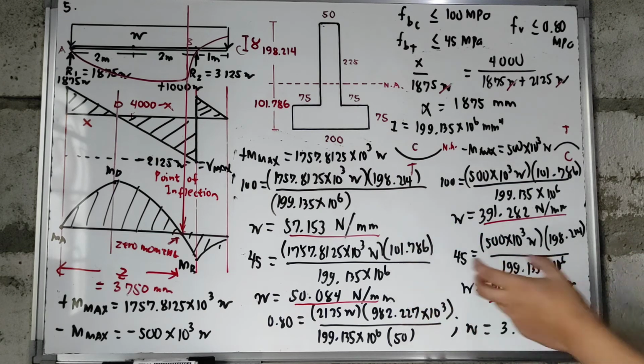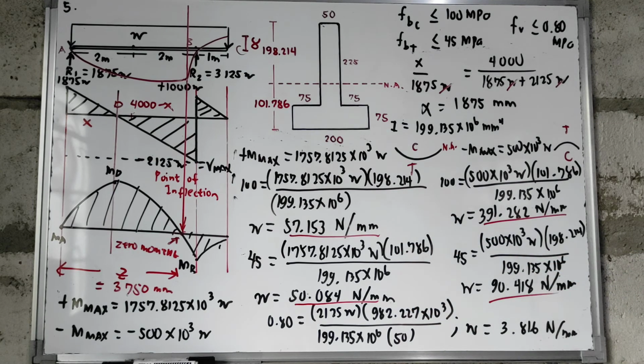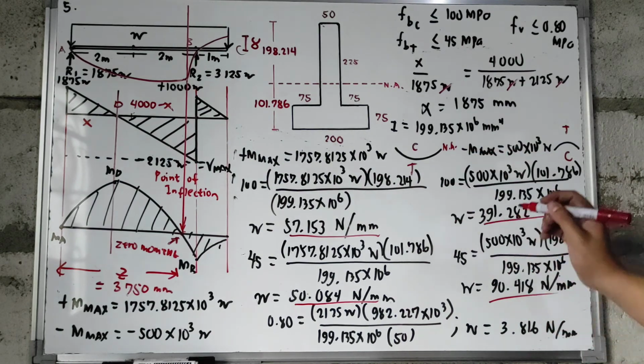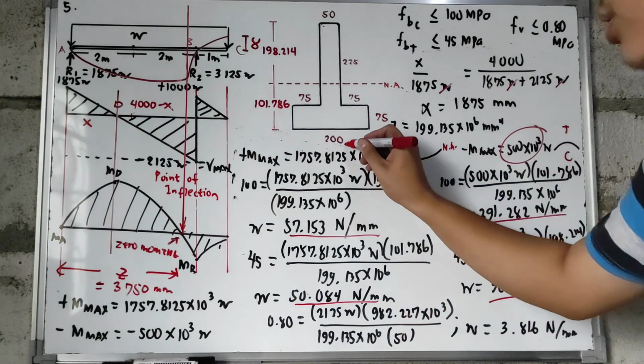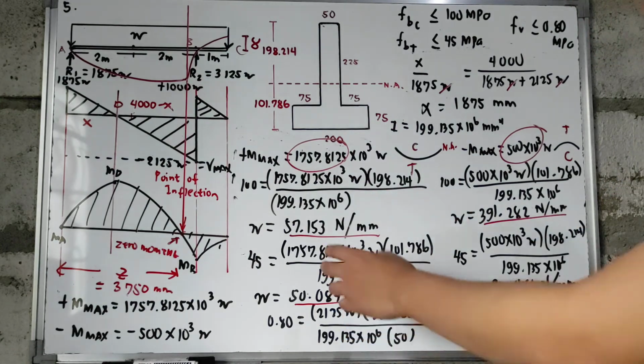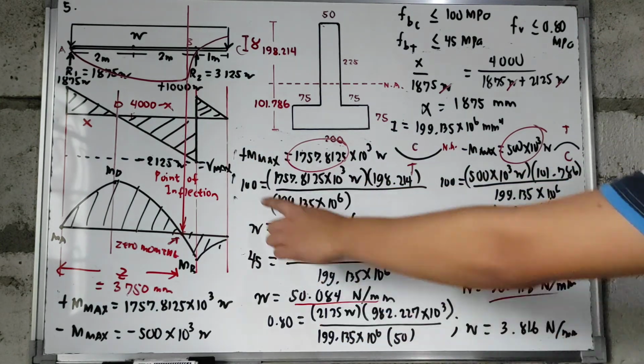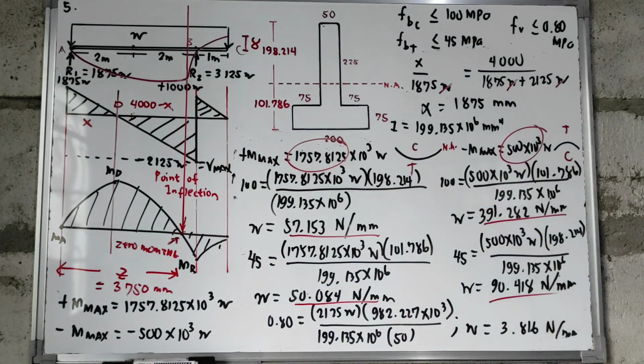So, sobrang laki ng mga differences natin. Meaning to say, laging nag-govern between the positive Mmax and the negative Mmax, yung mas mataas yung magnitude.